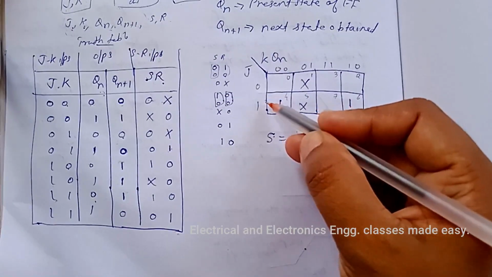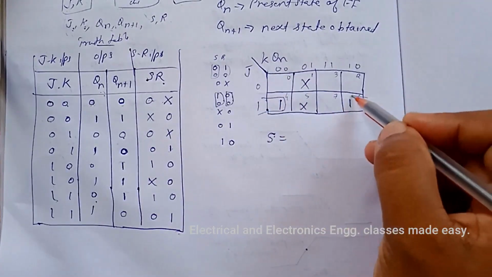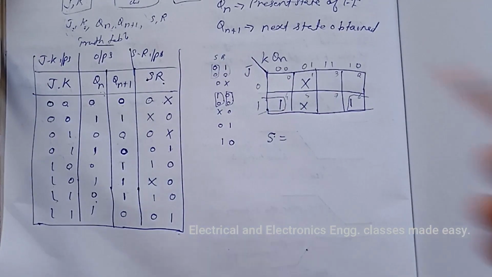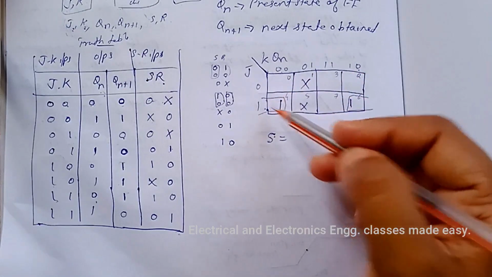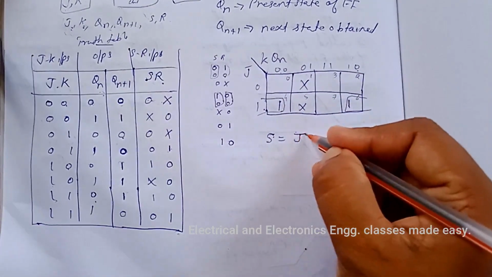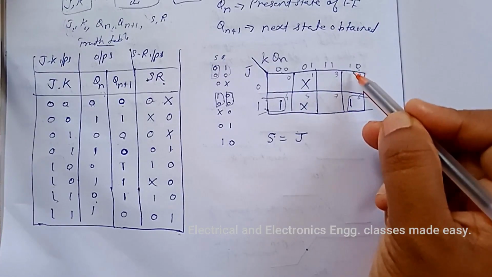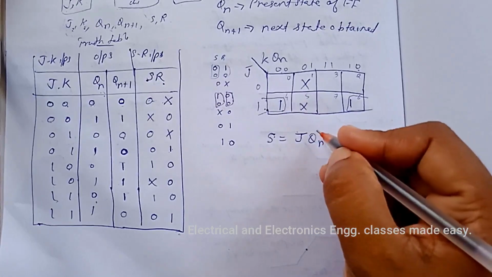So for simplification, these two squares we can combine, that is here J, and here the changing variable is K, so we can write Qn bar.